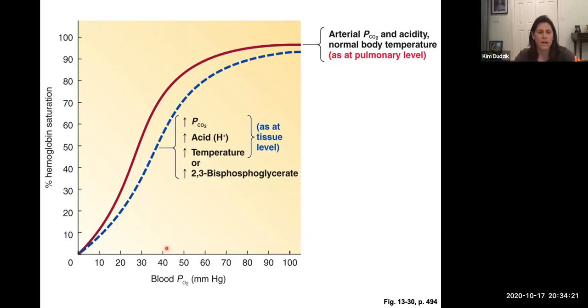Here again, under normal circumstances, if the partial pressure of oxygen is down at 20, now we see its percent saturation of the hemoglobin is only 25%. So it released 75%. So what's left in the hemoglobin is only 25%.